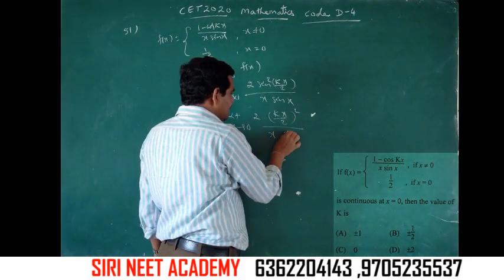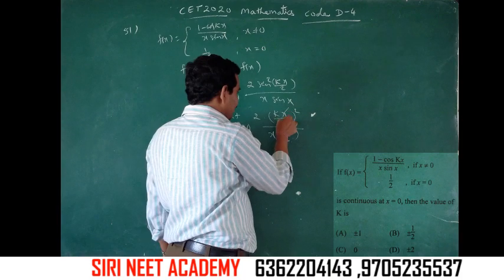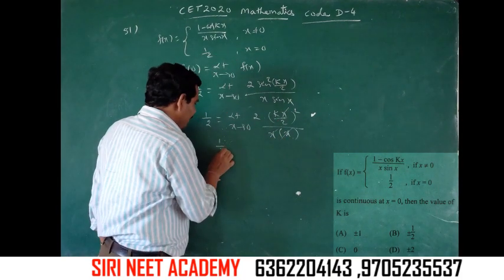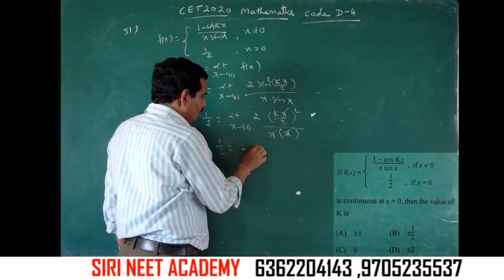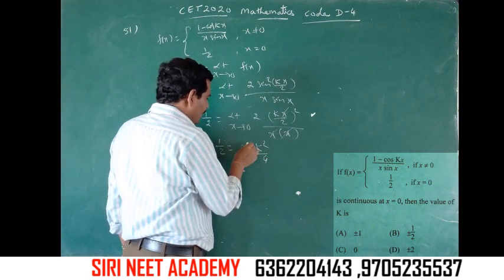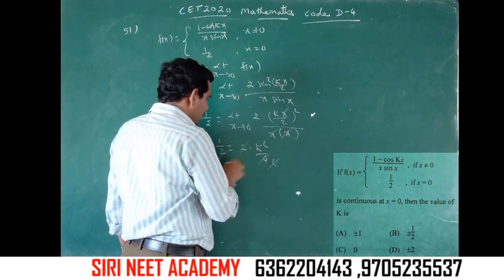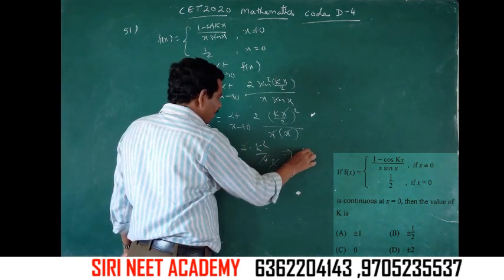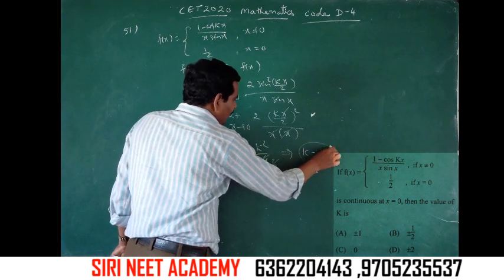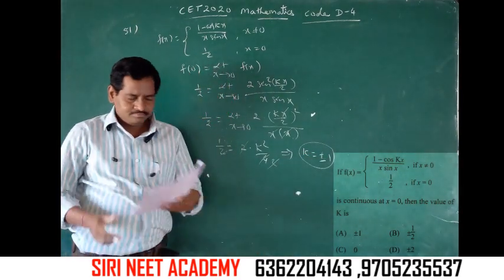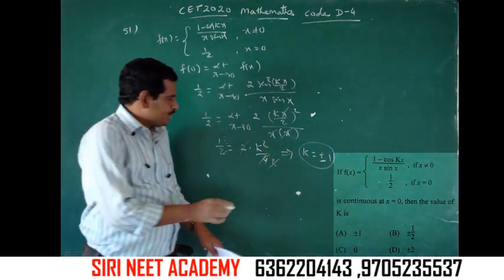In place of sin x, can write x only. So cancel this. 1 by 2 is equal to 2 into k square by 4. Cancel these two and these two. K square is equal to 1. So k is plus or minus 1, which is given in option A.